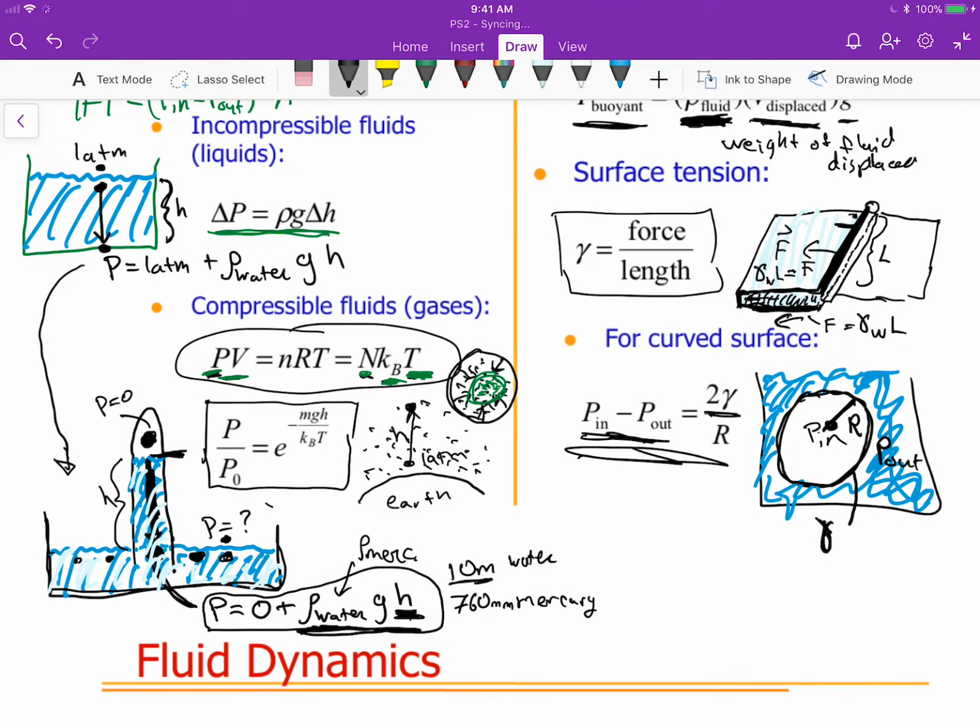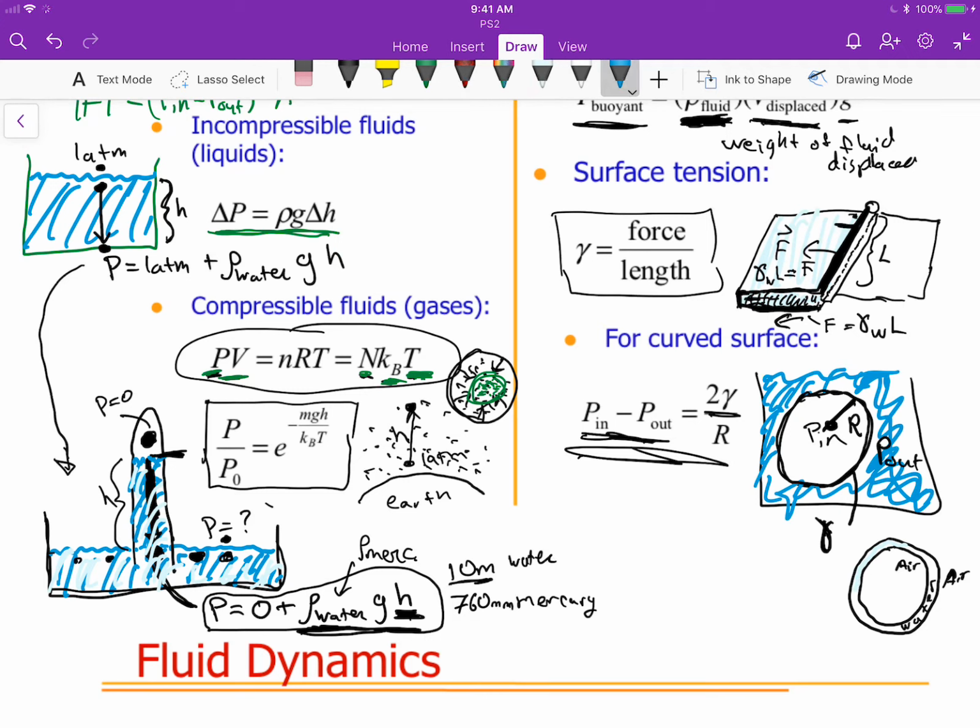Another example, which a lot of people asked about, is a soapy bubble that's floating in air. So we have air in here, and then soapy water, so there's water in there, and then we have air outside. I'm just going to make this blue so we know that this is water in here.